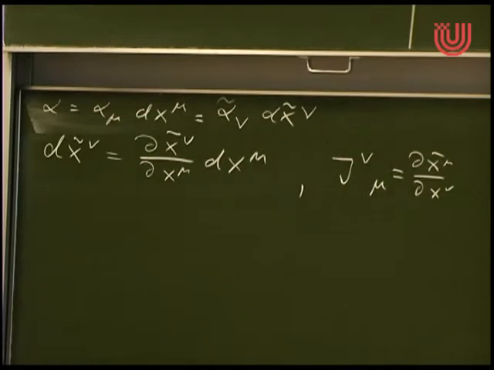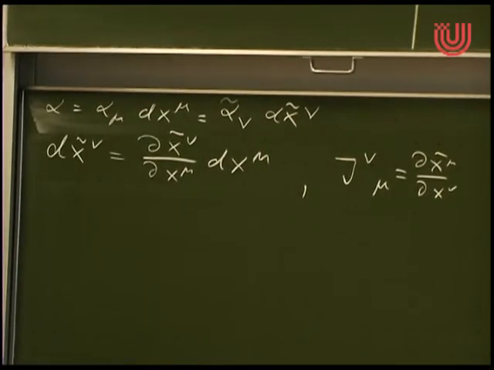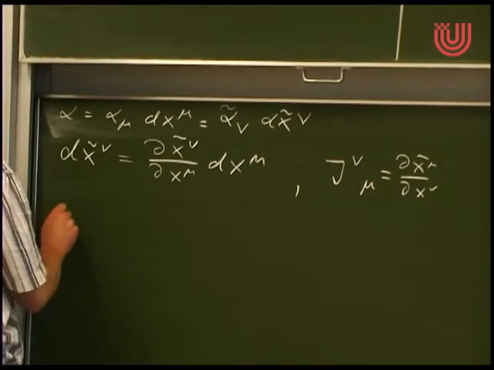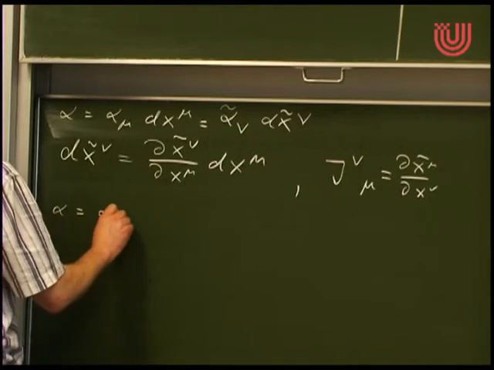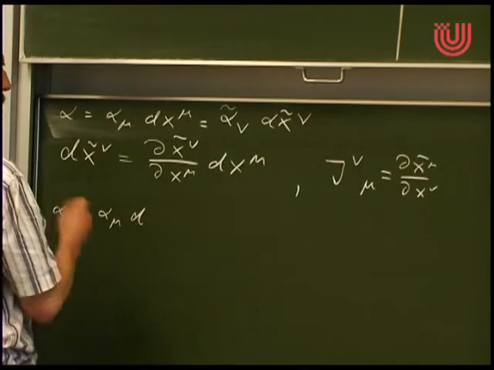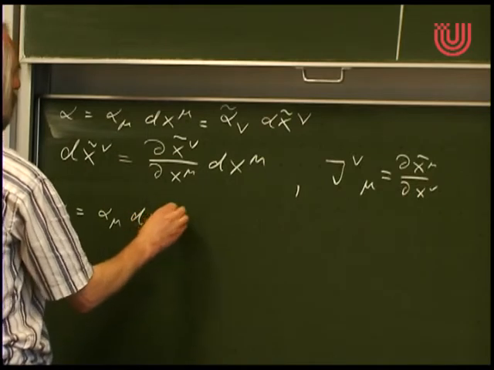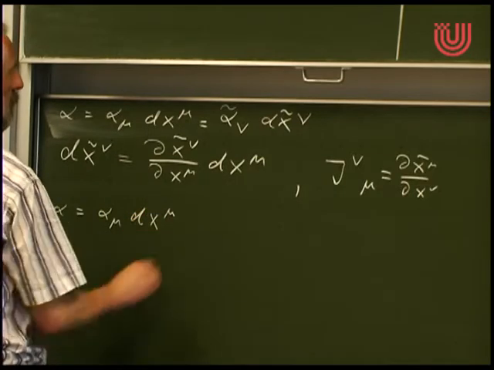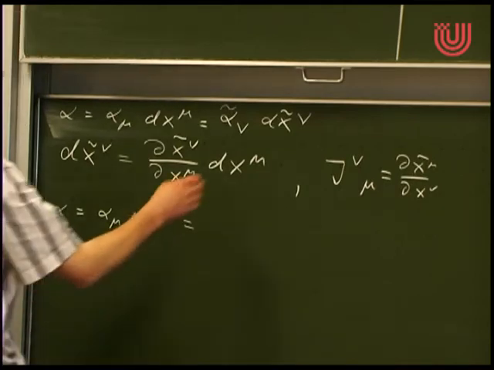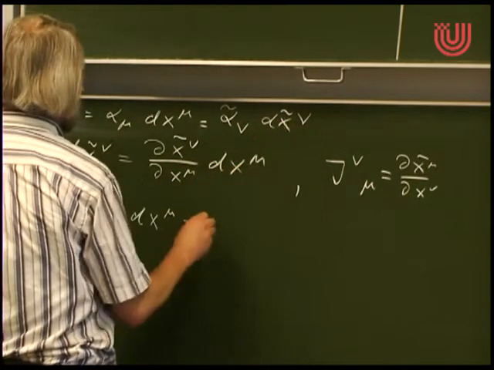So we have the same object which appeared in the transformation behavior of the vector fields. Now I insert the second equation into the first. I can call this summation index mu or nu, whatever you like.